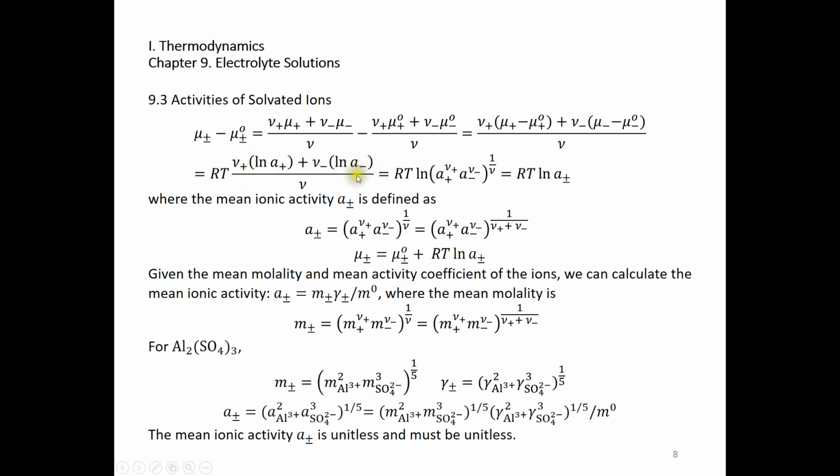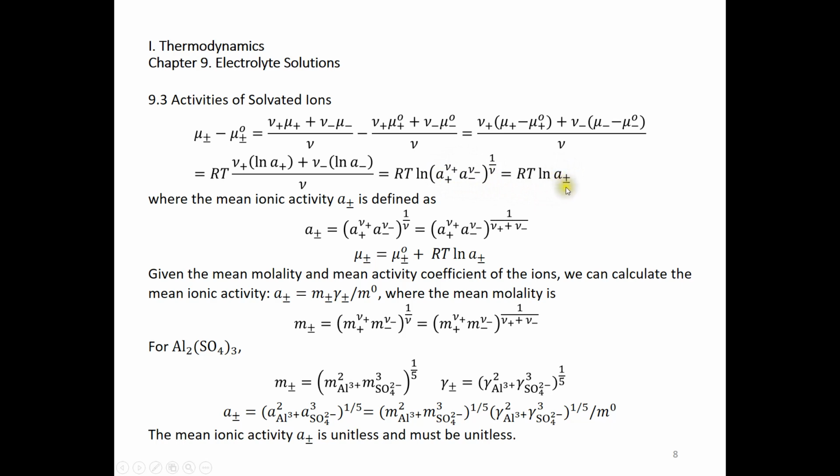So we have this equation now, and we have RT in the front, and then we have the sum of 2 logarithms that becomes a product inside, and then we have a division here. It becomes this 1 over nu as the power of this term. Now we have a new concept over here.